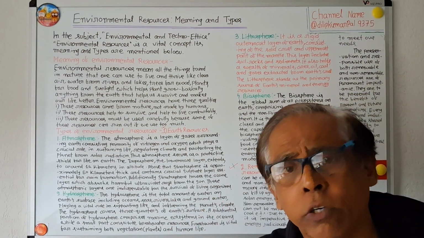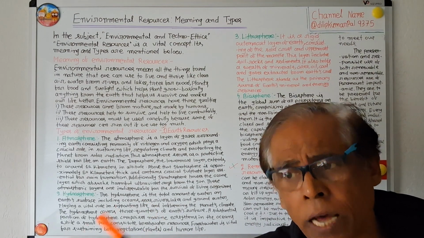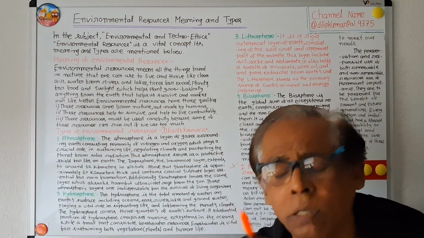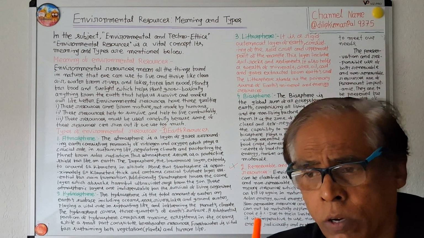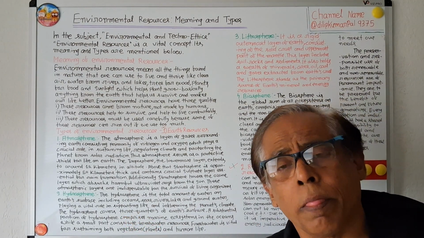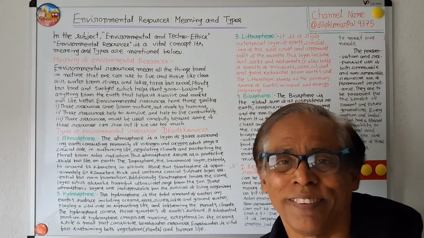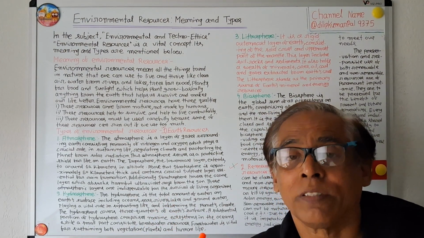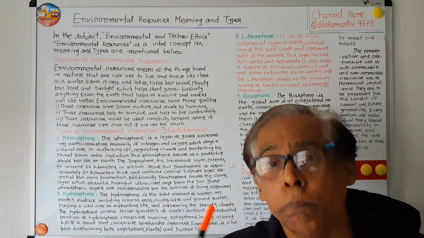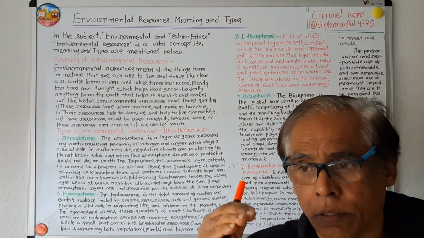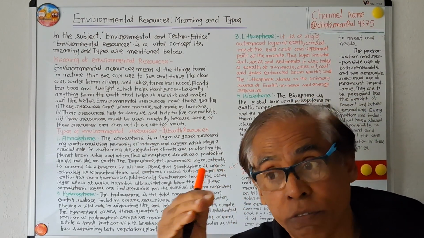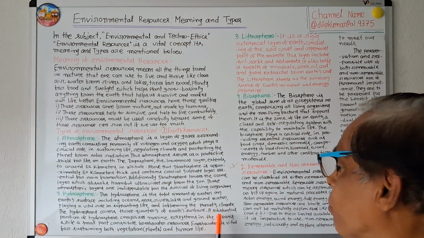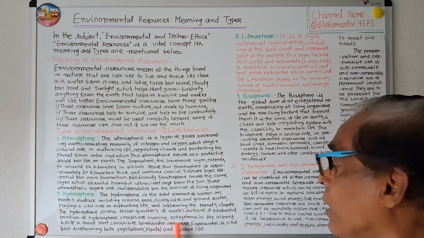A major portion of hydrosphere comprises marine ecosystems, organisms living in the water, while a small portion is the freshwater.